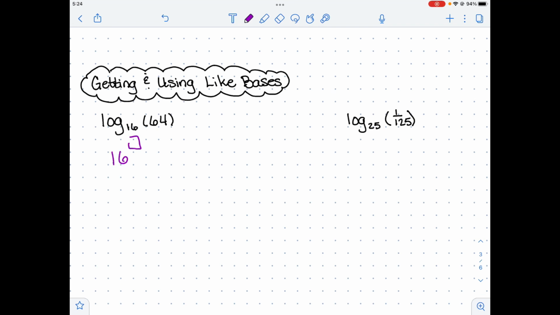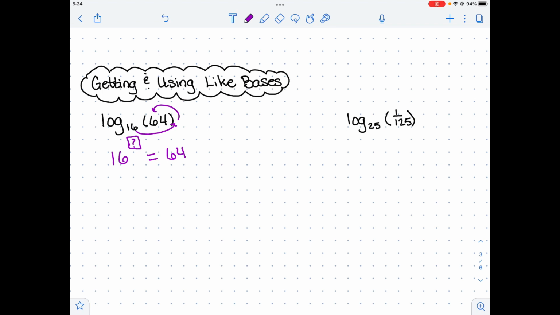And I'm going to put a little box there, a little question mark. We don't know what it is. Well, you can put an x. Equals 64. Again, around the world method, 16 to what gives us 64. So notice that these are not like bases. But we can start thinking about, is there a base that they could share that we could rewrite these as?